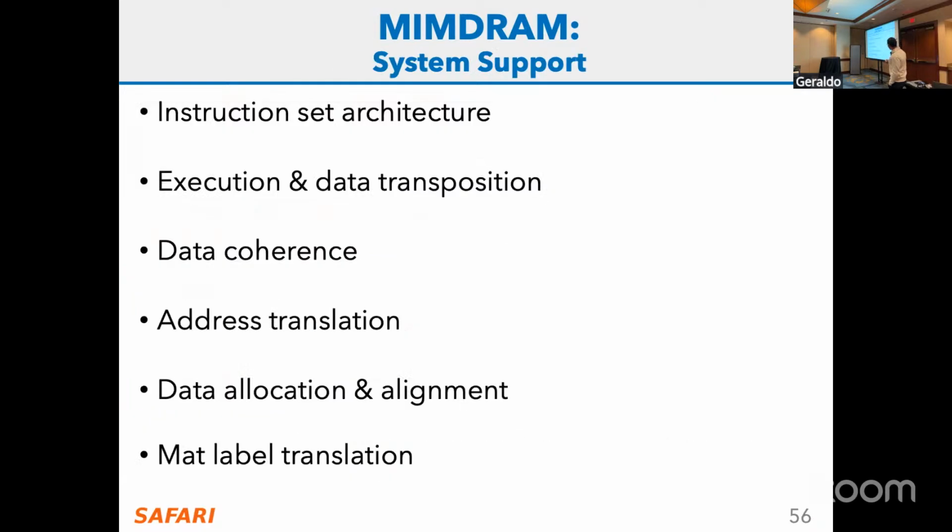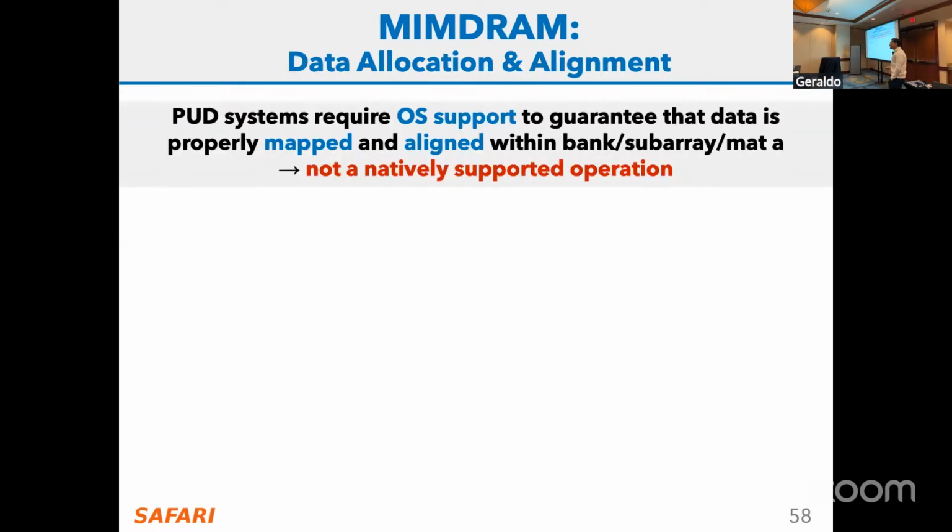Another thing: for this binary to be able to run, we need to tackle several system integration issues. The one that I'm going to highlight here is data allocation and alignment. From the application point of view, we need to guarantee that 2 arrays are aligned inside a single DRAM mat, inside a single DRAM subarray, inside a single DRAM bank. However, the operating system cannot guarantee that data is going to be properly aligned like that natively.